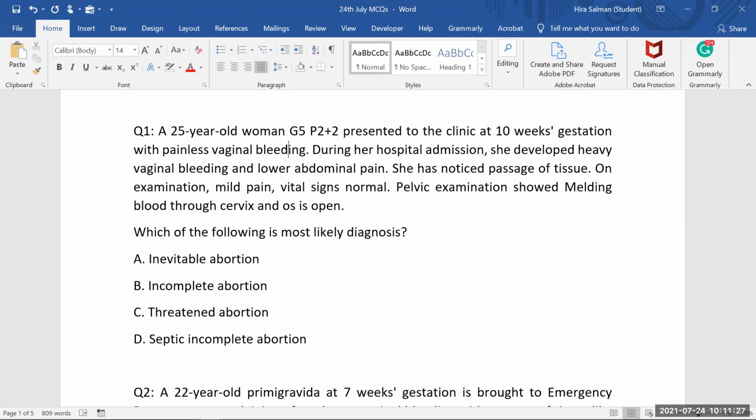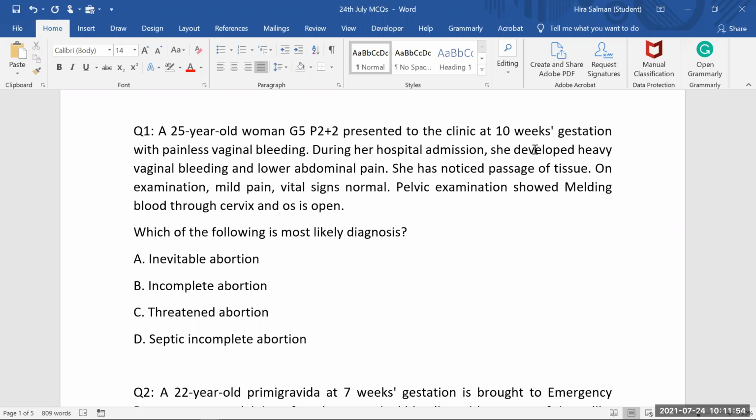So she is now at 10 weeks gestation with painless vaginal bleeding. During her hospital admission, she developed heavy vaginal bleeding and lower abdominal pain. She has noticed passage of tissue, that is RPOCs. On examination, mild pain is there, vital signs are normal. Pelvic examination shows bleeding through the cervix, and the os is open. Which of the following is the likely diagnosis?